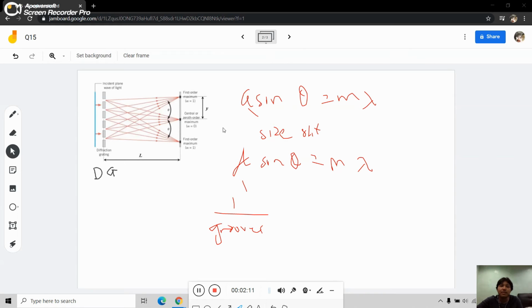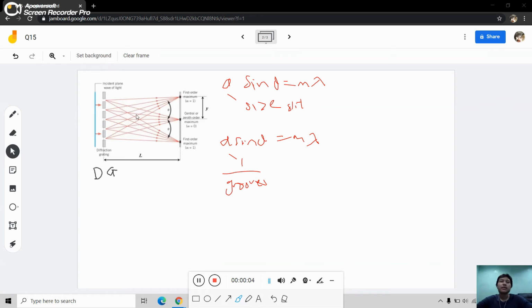We can see from the diagram, there's a slit. The size of slit will be similar, where we're not focusing on the distance, and this is the grooves, the lines. This is all the grooves, and this is the y, the fringes, the central maximum.